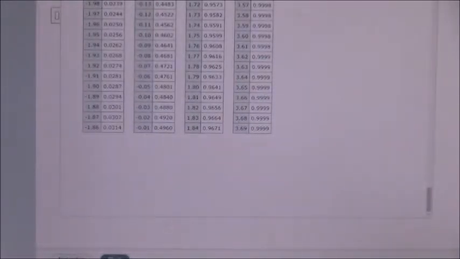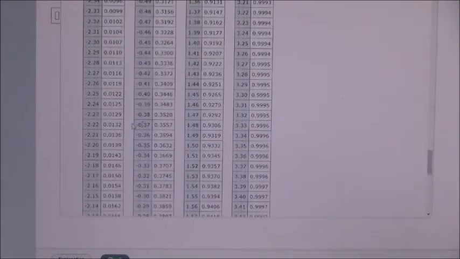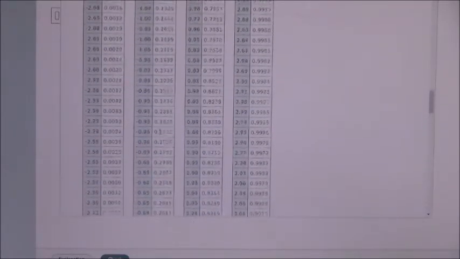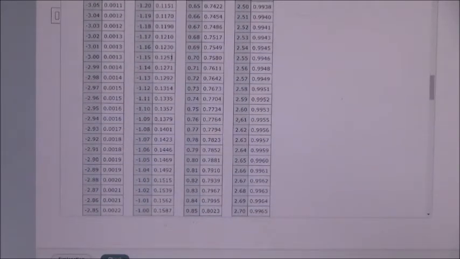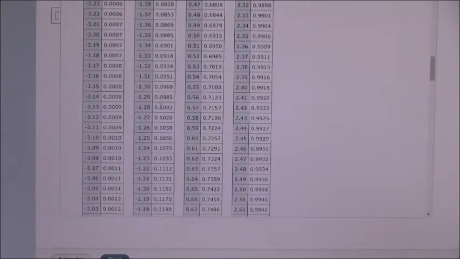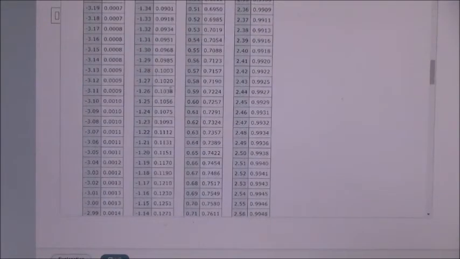So if I were using the table, it'd be the same kind of thing. I would do 1 minus 0.8962, which gives me 0.1038. And I'd look for in my table the 0.1038. So up at the top here, 0.10. 0.1038.